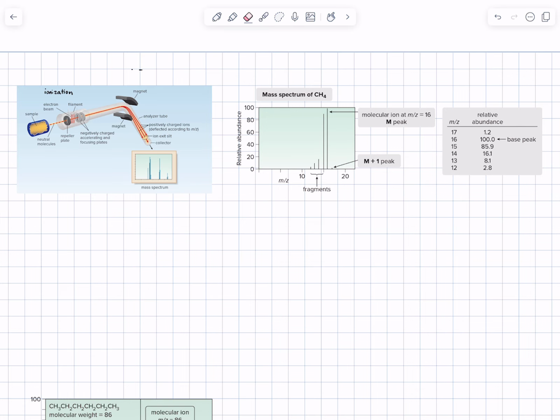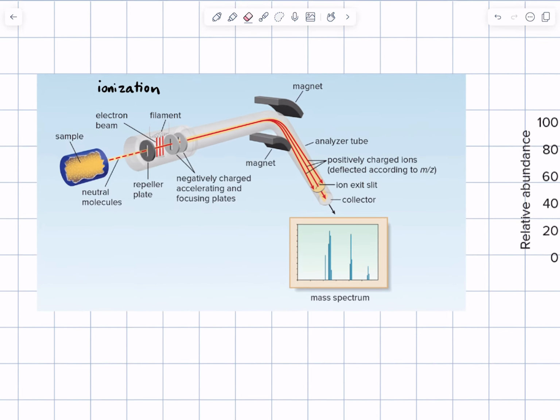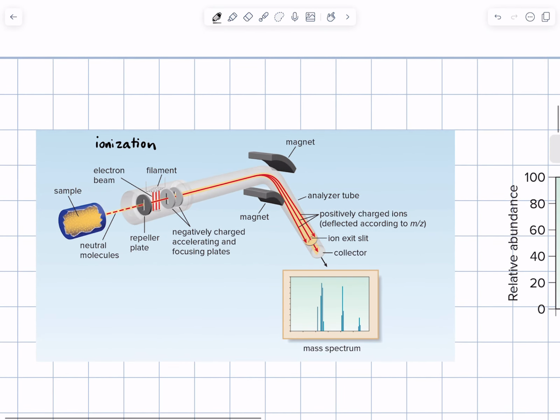So the first thing we're going to talk about is a technique called mass spectrometry. And mass spectrometry is a way of, how do you even spell it? Mass spectrometry. There's a Y at the end. All right, close enough. Mass spectrometry is a way of measuring, sort of, the molecular weight of a molecule.